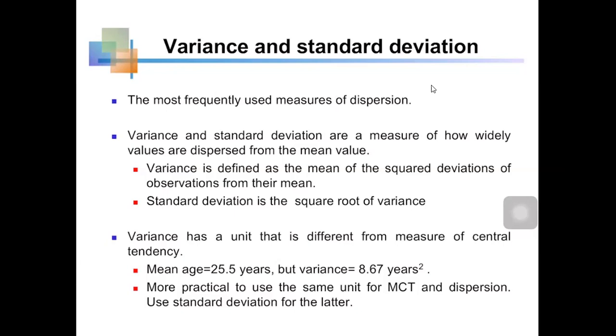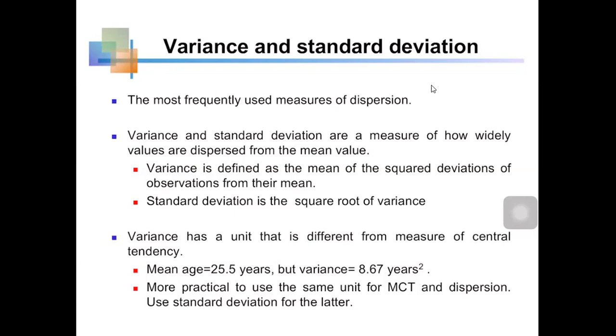Standard deviation, like the mean, uses all the values in the data set in calculation. That's why if there are outliers, the standard deviation will be affected. Same goes for the mean.